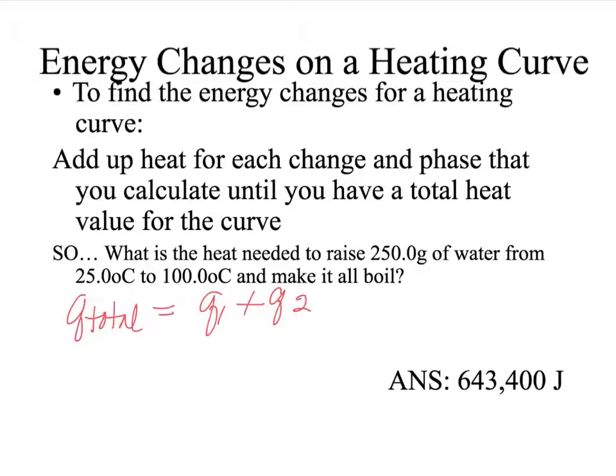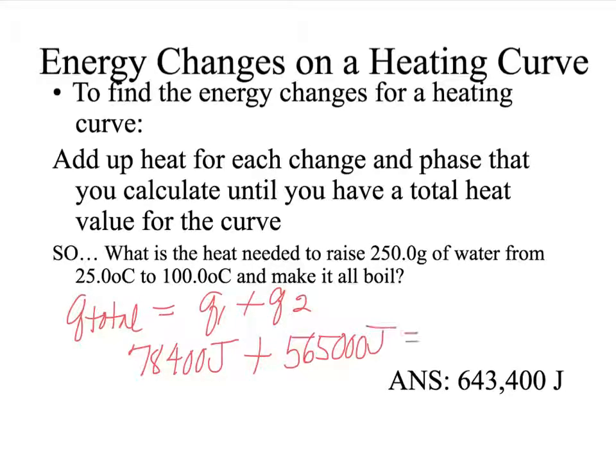We calculated this on the very first slide we did in this lesson. We calculated the change from 25 to 100 degrees, and we found it to be 784,000 joules. Then on the previous slide, we calculated how much energy is used at phase change, and we got 565,000 joules.